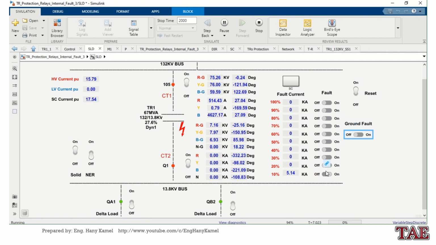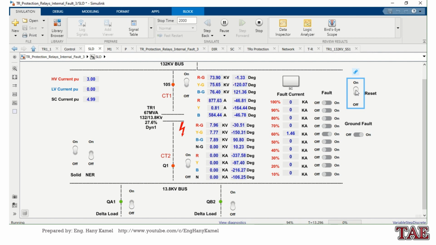I will clear the fault. Now I will make the 60% of the winding, so it is the lowest point in voltage in the winding, but delta, so the center point almost has the lowest stress. We'll see if the transformer is still protected or not. Yes, it's protected.